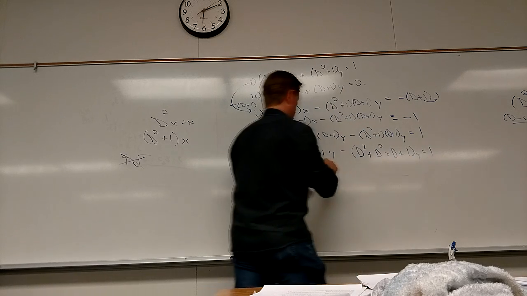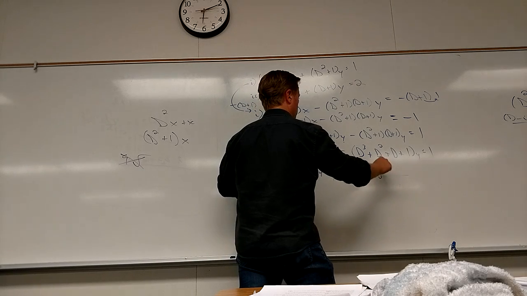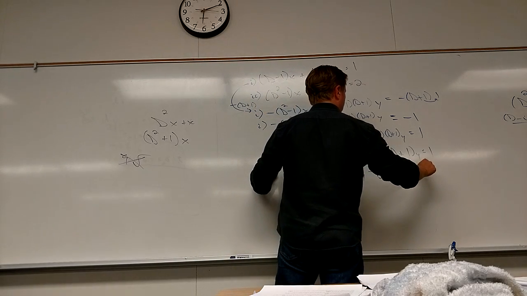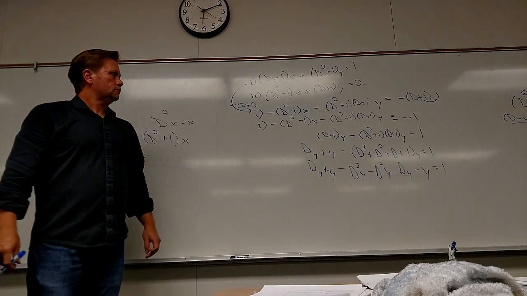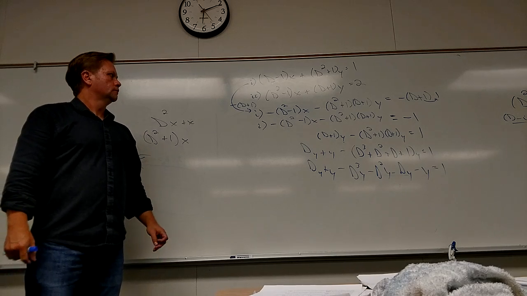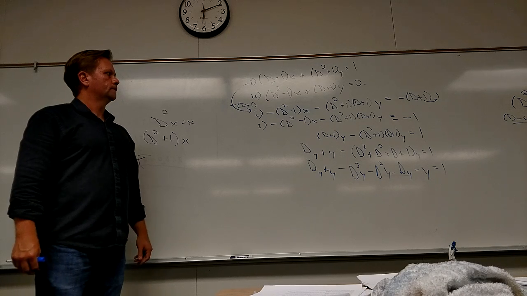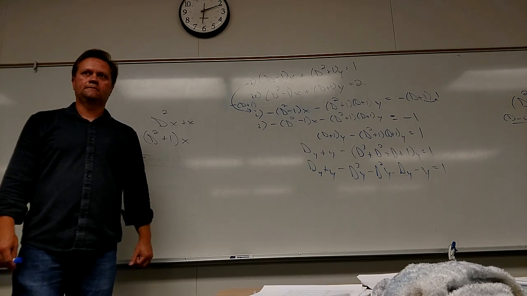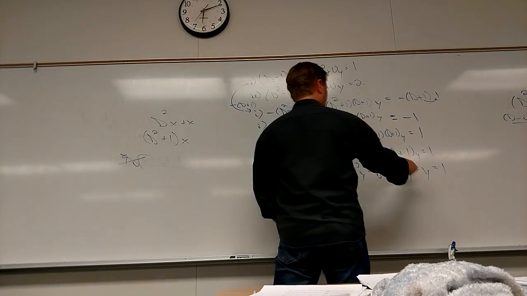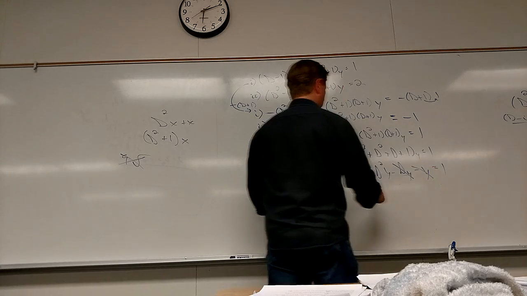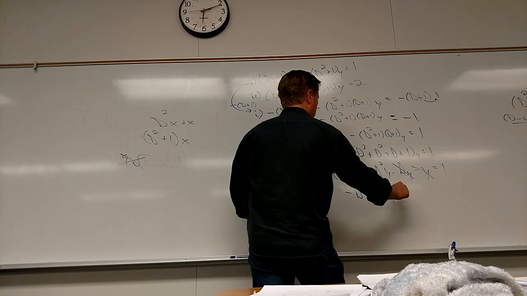So we get dy plus y minus d cubed y minus d squared y minus dy minus y equals 1, because of minus. Doesn't a dy cancel that one? Yep. The y cancel out? So the dy cancels, the y cancel, so I'm left with negative d cubed y minus d squared y equals 1.